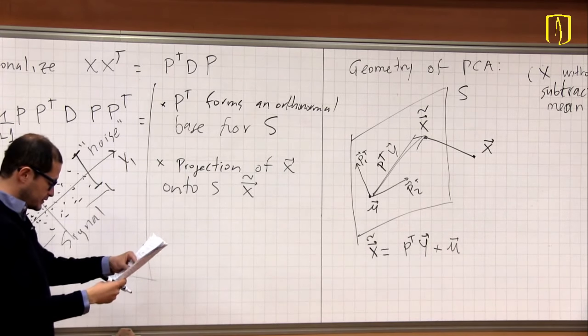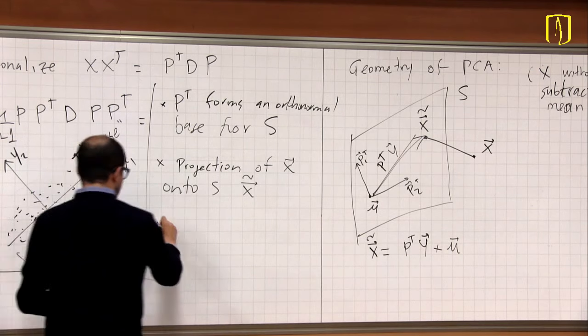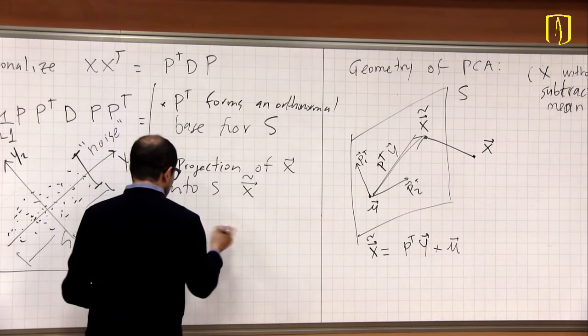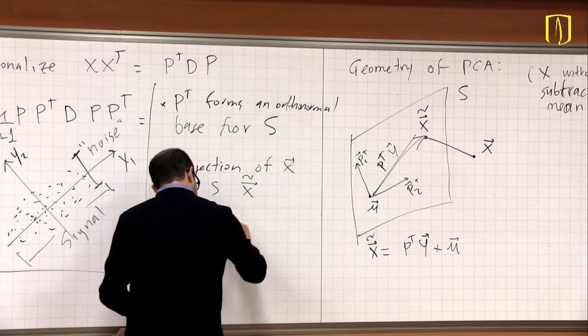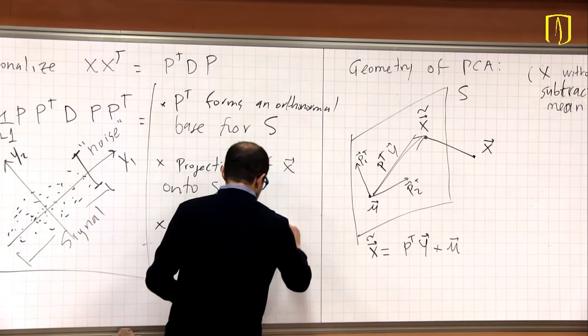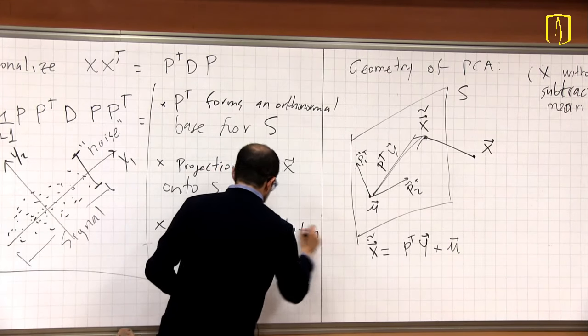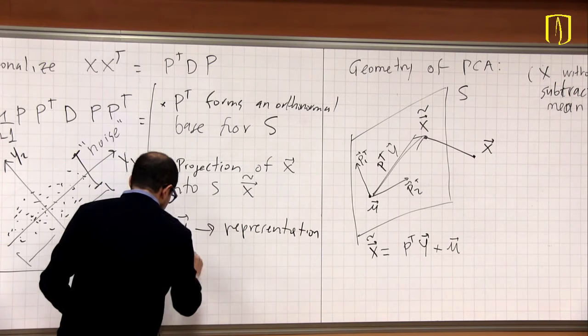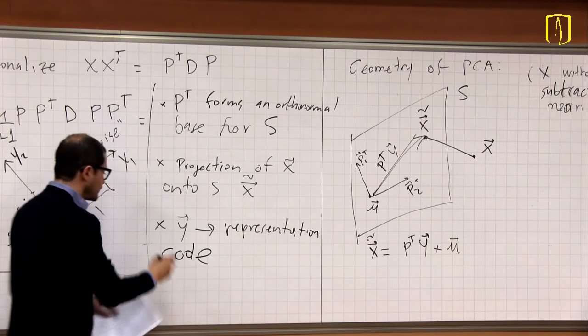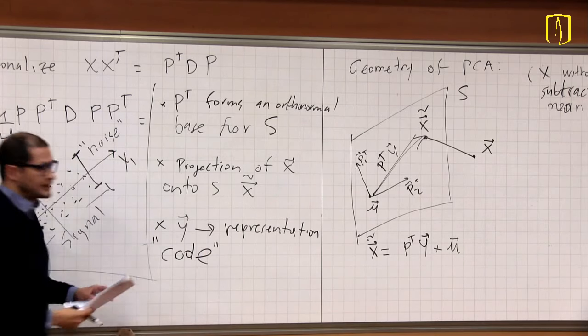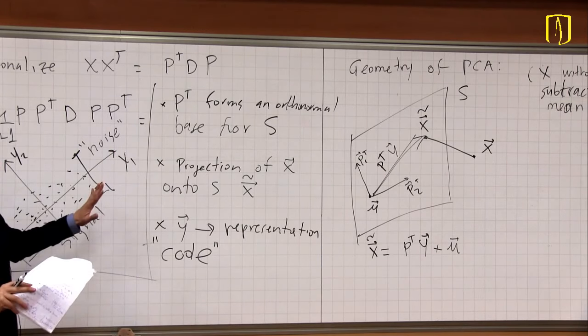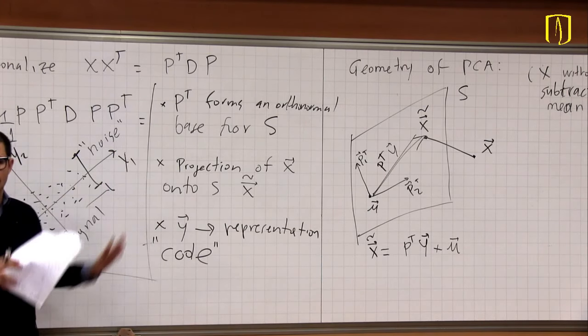One more thing I wanted to point out: y is called the representation, or code. So that's the geometrical interpretation of PCA.